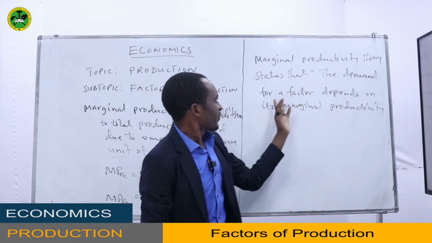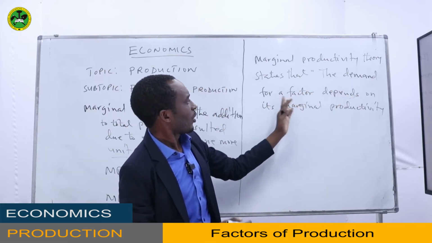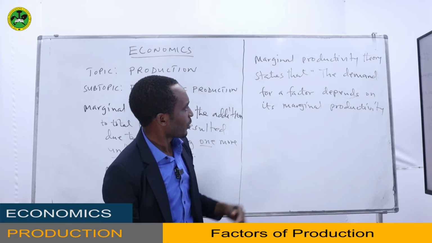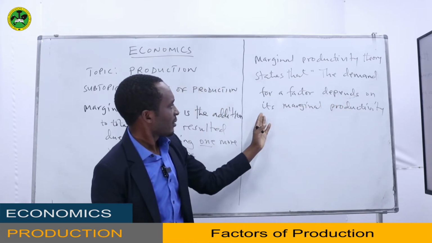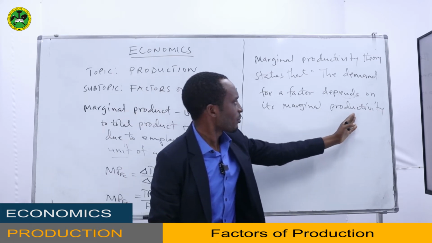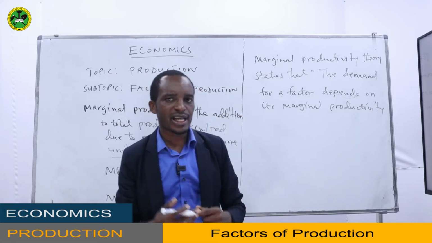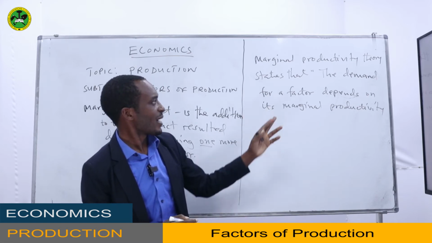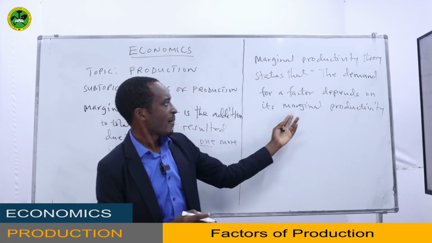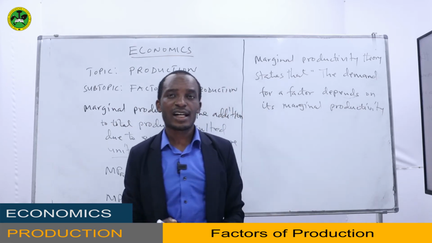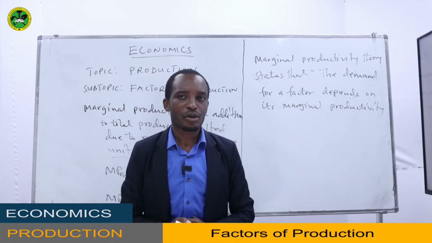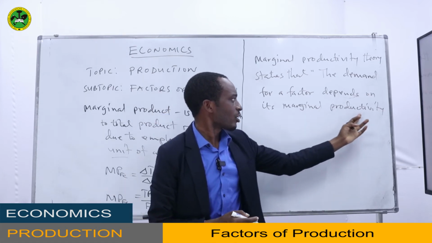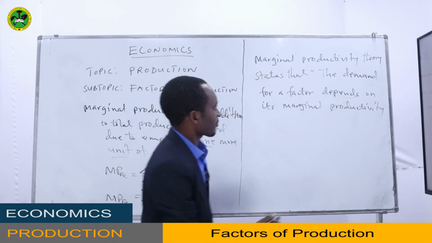So the demand for a factor or the demand for labor depends on its marginal productivity. If we are talking about labor, it means the demand for labor will depend on its marginal productivity. Or if you are talking about capital, the demand for capital will depend on its marginal productivity.